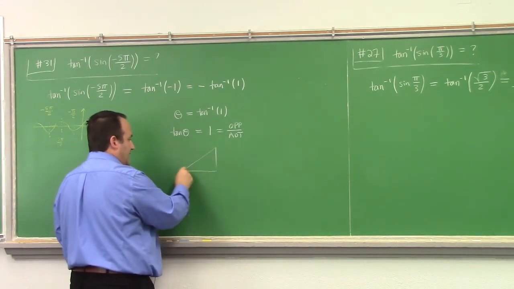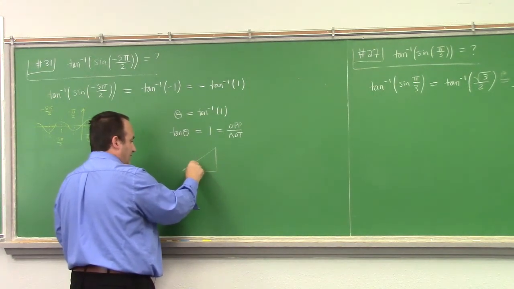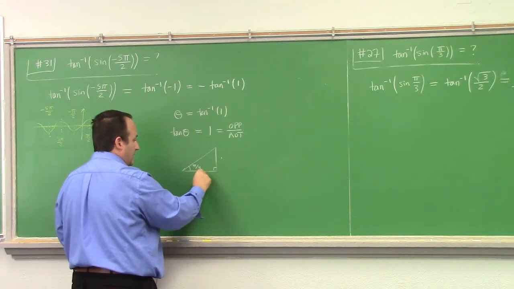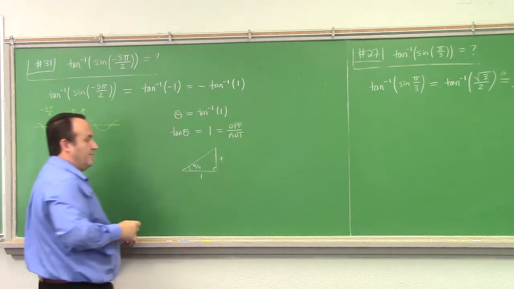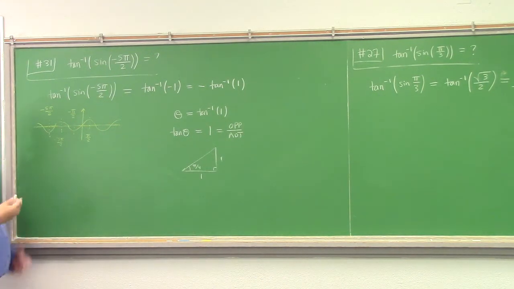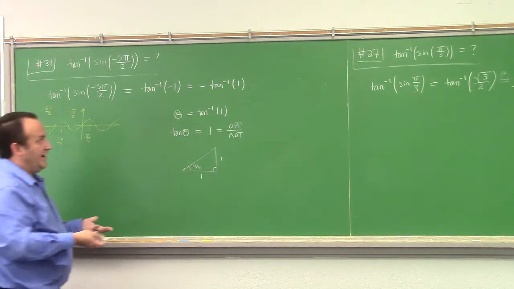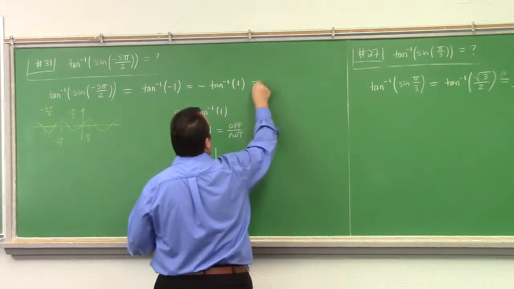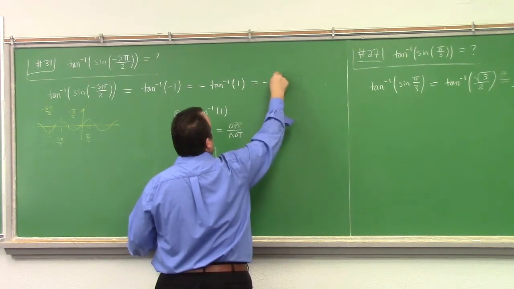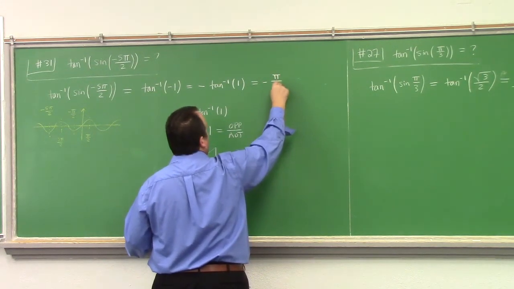It's a 45, exactly, it is a pi over 4. That tells us that the inverse tangent of 1 is pi over 4. So this is equal to minus pi over 4.